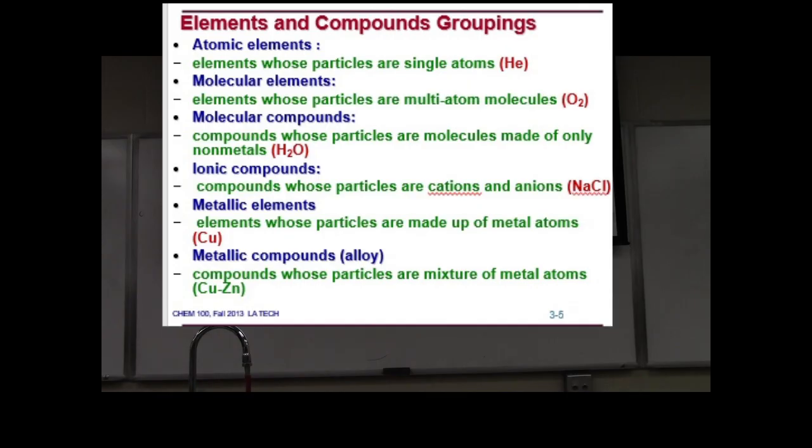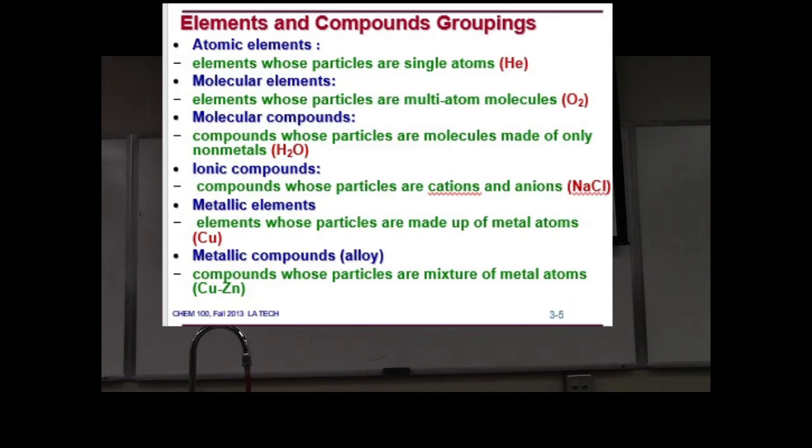What are the examples? Atomic elements are only the noble gases. In the periodic table, naturally they don't occur as single atoms except the noble gases. Do you understand what I mean? Helium, neon, argon, krypton, xenon, radon, right? They have only one atom. That's called an atomic element.